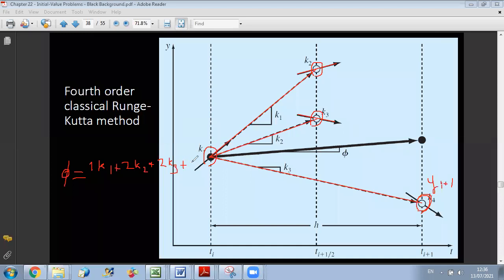The extreme points will have weight of 1, while midpoints will have weight of 2. So in total, the total weight is 1 plus 2, 3 plus 2, 5 plus 1, 6. This is why it's over 6. And then this will be my estimate of the mean slope between Ti and Ti plus 1. I will use it in order to find yi plus 1. Okay.